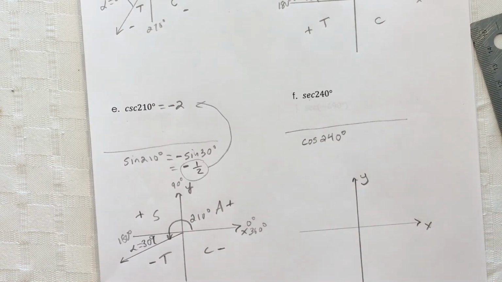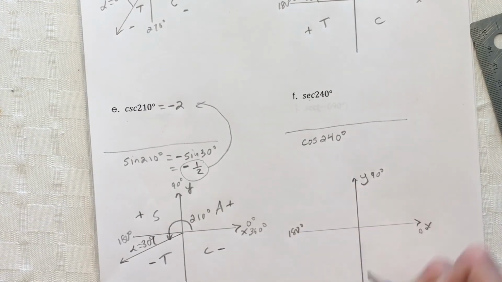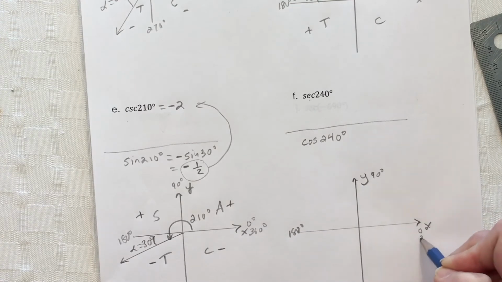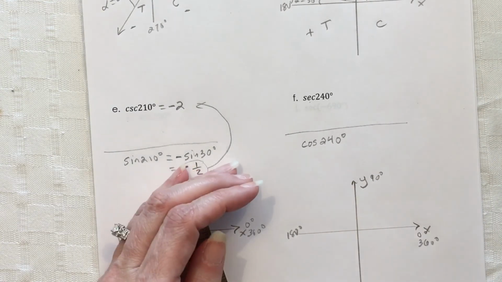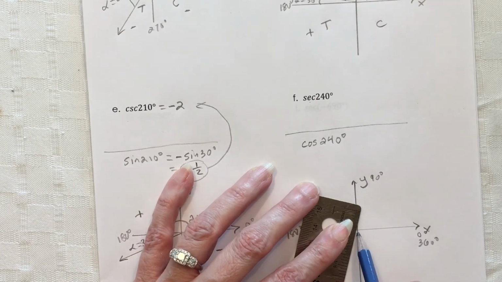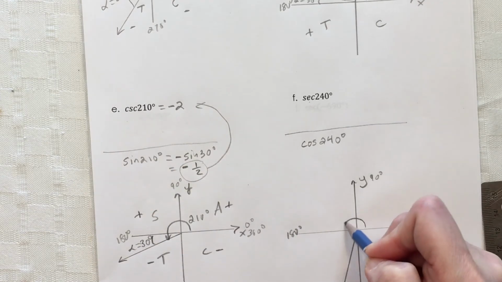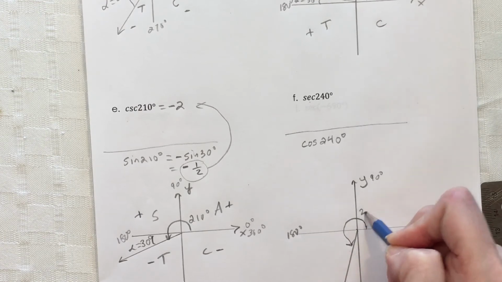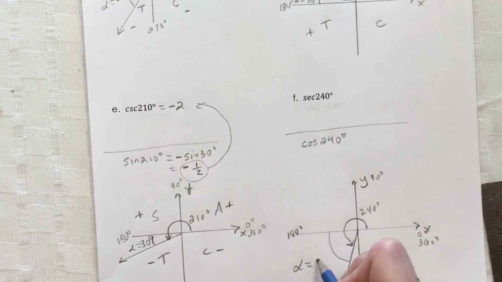Okay, so the cosine of 240, so 0, 90, 180, 270, 360. 240 is going to be in the third quadrant closer to the y-axis because 240 is only 30 degrees away from 270. So here's our 240 degrees. But alpha is going to be 60 degrees. So 240 minus 180 is 60.